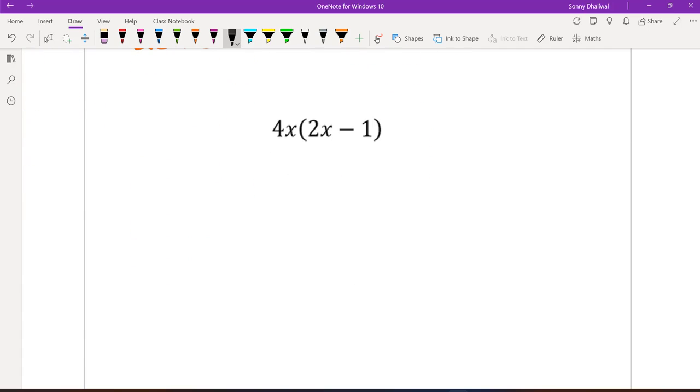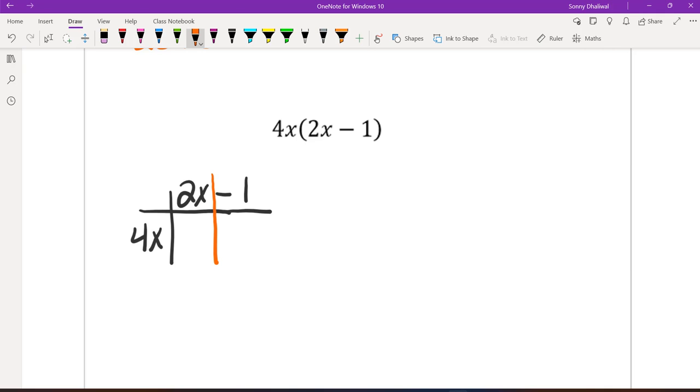Okay, we're going to set up the area model here. 4x goes here, 2x minus 1 here. Okay, I'm going to draw that line. So what goes in the first box? Right? Has everybody got that written out yet? Have you figured it out?